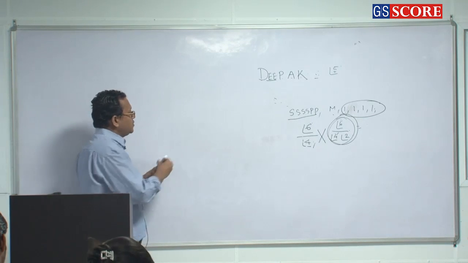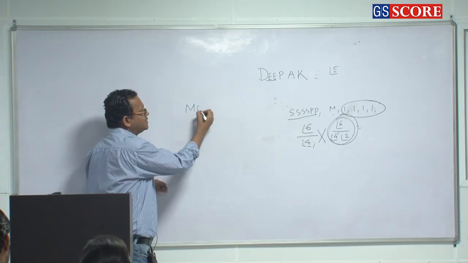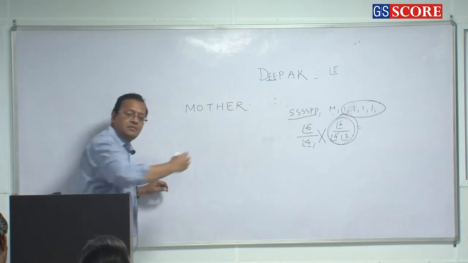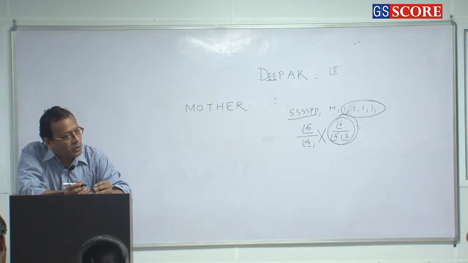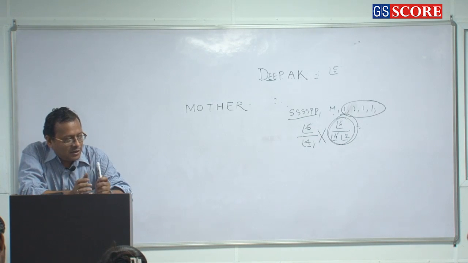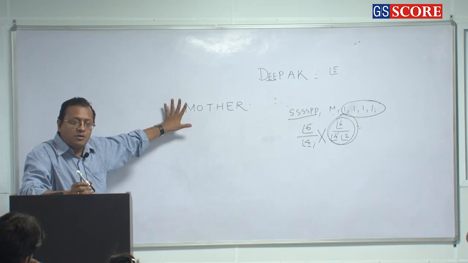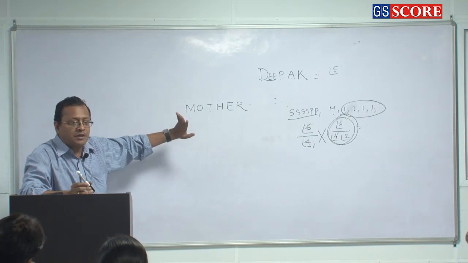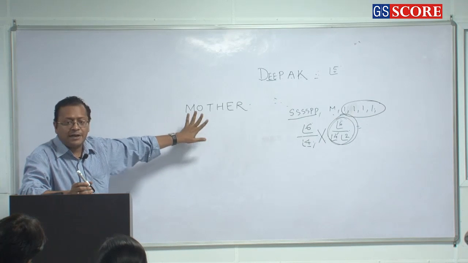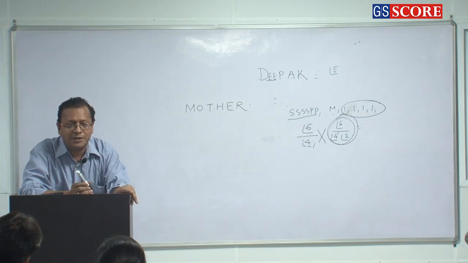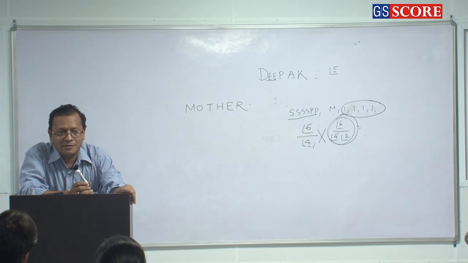Say one of the very good words which I like is, say the word is mother. Clear or not? Okay. Now if all the words formed from the word mother, all the 6-letter words formed from the word mother are arranged in a dictionary. Clear?